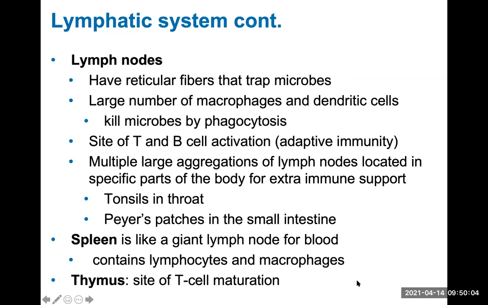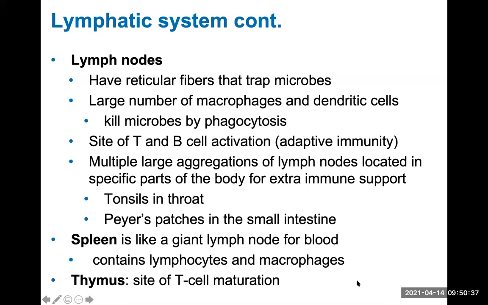They also have a high concentration of white blood cells, such as macrophages, dendritic cells, and your lymphocytes T and B. Okay, so remember, the macrophages and dendritic cells are going to be killing microbes by eating them up, phagocytosis, right? And then your T and B cells are going to work to provide adaptive immunity. And we'll talk about what they do next week when we talk about the adaptive immune system.